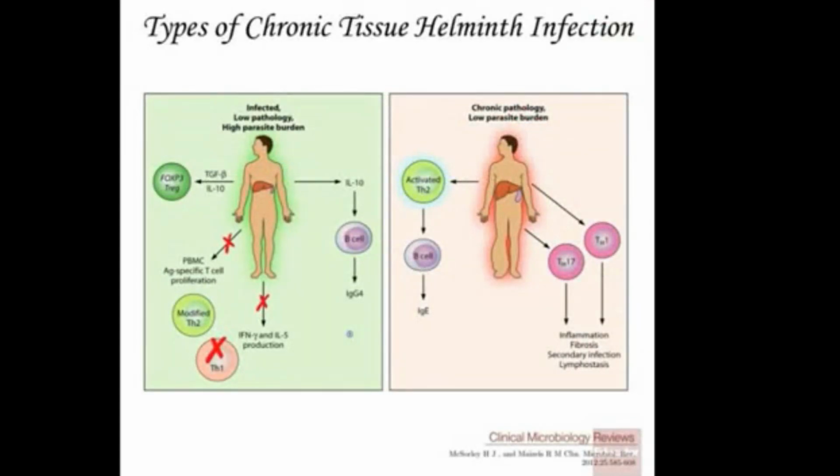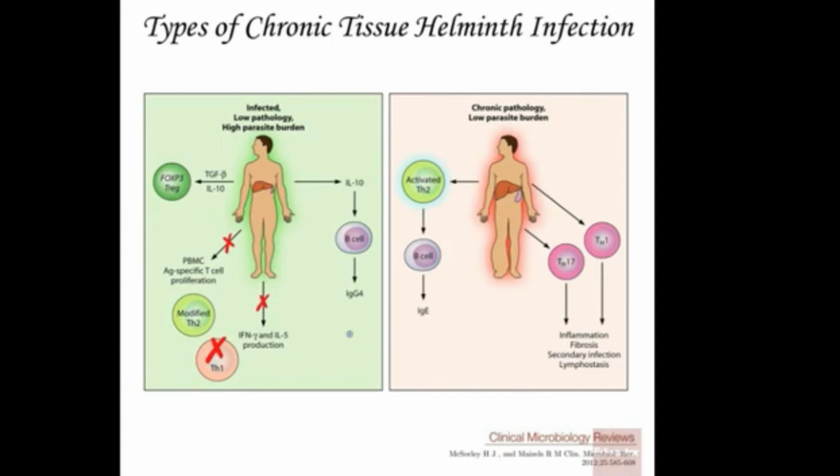So the interesting thing here that we're going to spend a whole separate lecture on is these different relationships that occur between these microorganisms and the immune system. And interestingly, with these helminths, some individuals have a very hypersensitive reaction with their immune systems, and some individuals don't.